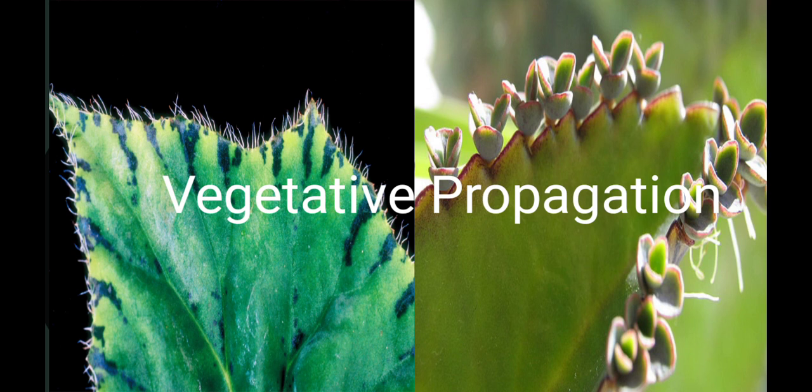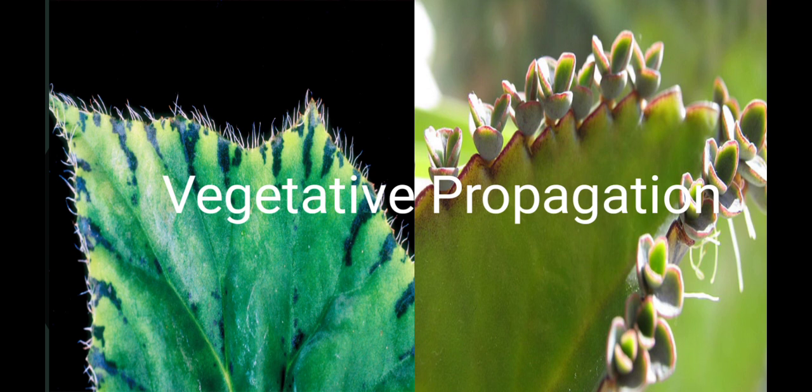Vegetative propagation in leaf. In some plants, the leaves are modified to bear foliar buds from which new plants grow and develop. Example: Bryophyllum, the sprout leaf plant, and Begonia, the elephant ear plant. The leaf in the Bryophyllum plant is broad and has notches at its margin.